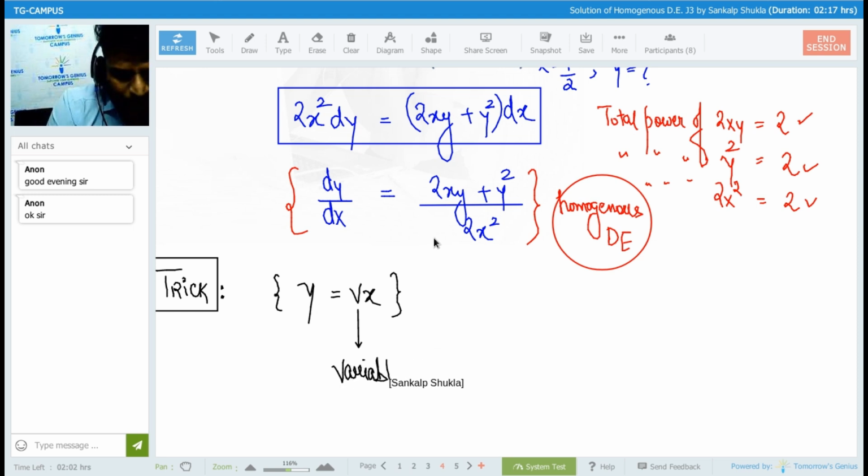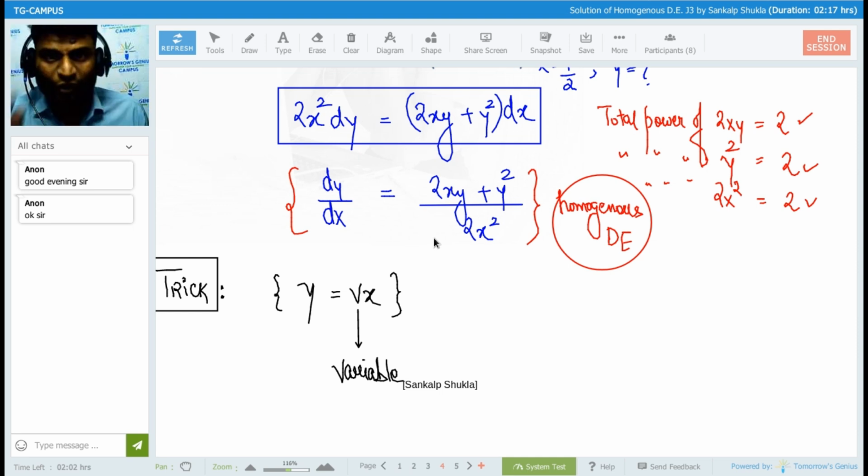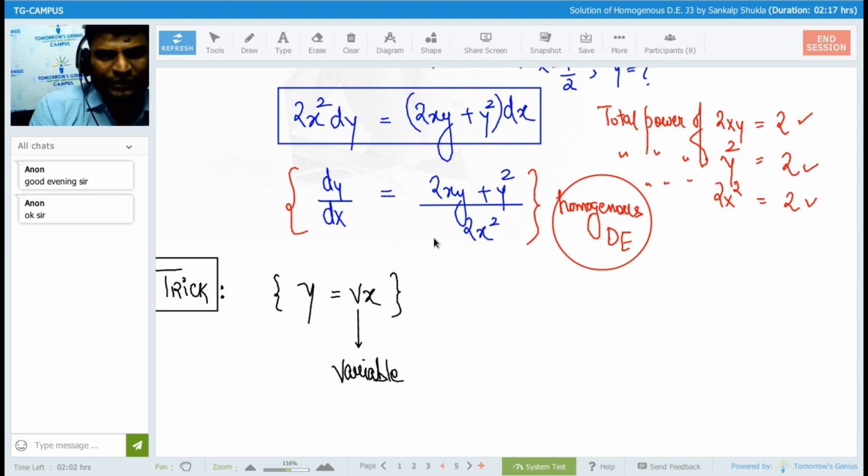This is your variable. Okay. So this is not a constant. Please, everybody, note that this is not a constant. It's a variable.